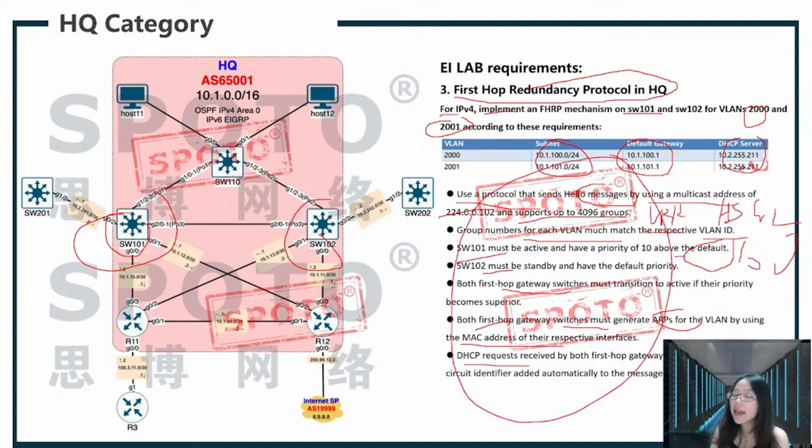So can you know the answer? HSRP, VRRP or GLBP? Okay, so these are about our first hop redundancy protocol in HQ.